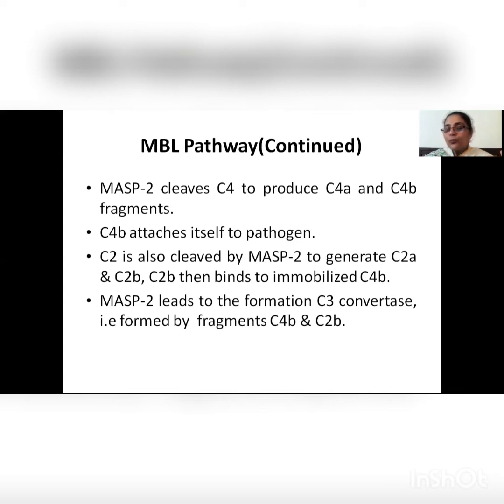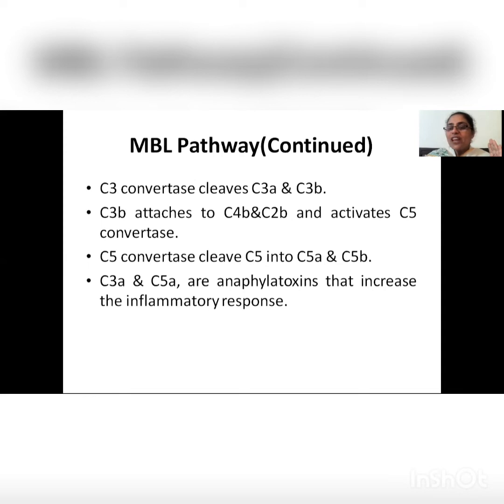These two get associated and bind. Just remember, C4b and C2b together form the C3 convertase. This is very important to remember, which complements form the C3 convertase. Once the C3 convertase is formed, what will happen?